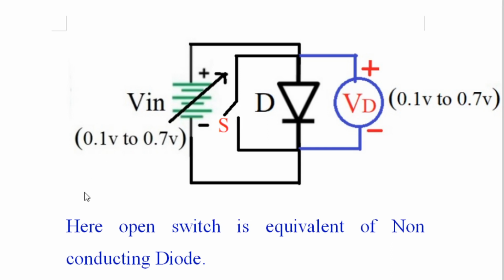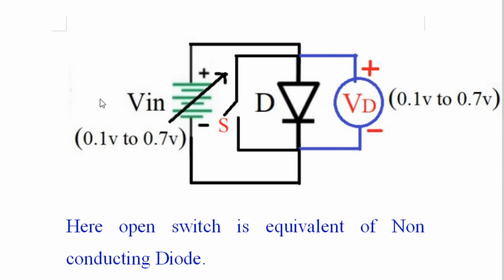And therefore here, if input voltage is 0.1 volt, the measured voltage across the diode, that is VD, is also 0.1 volt. If the input voltage is 0.2 volt, then measured voltage across diode is also 0.2 volt, and accordingly till 0.7 volt, this diode is behaving as an open switch.